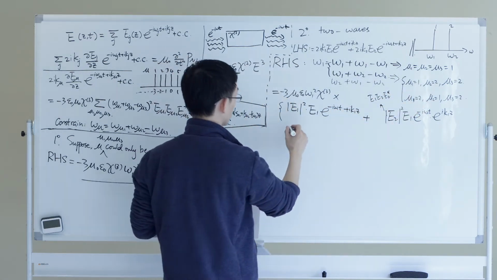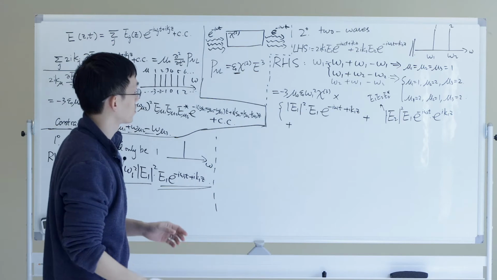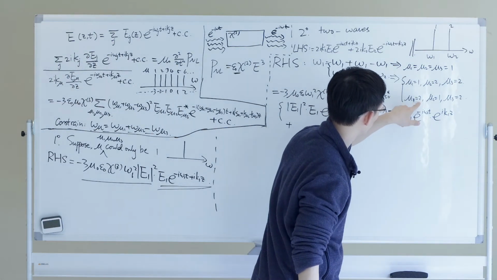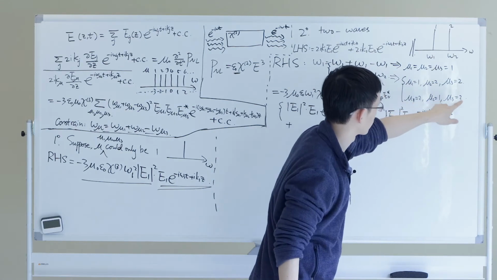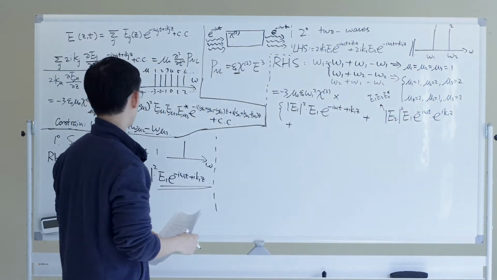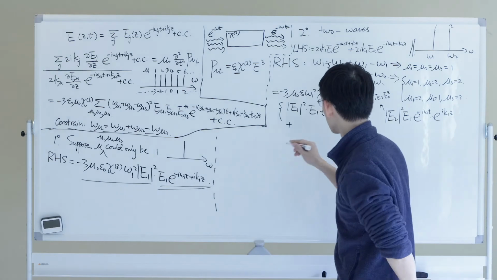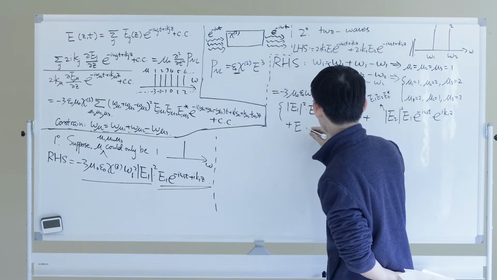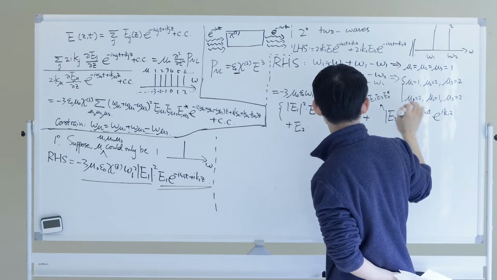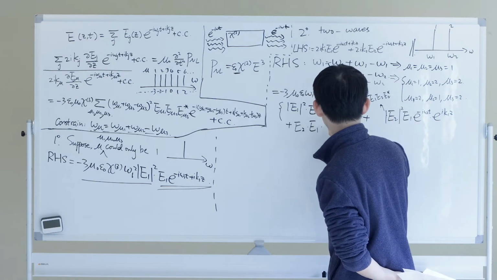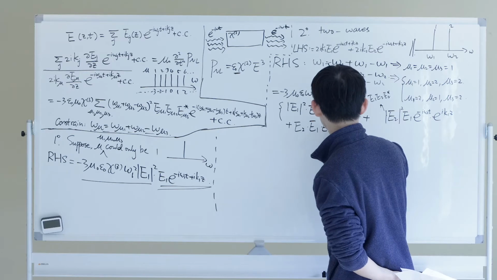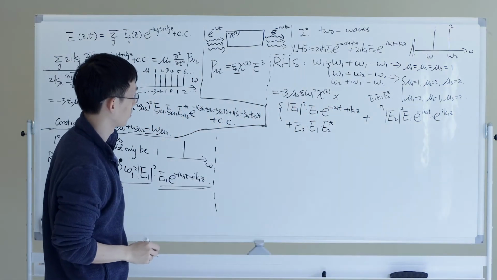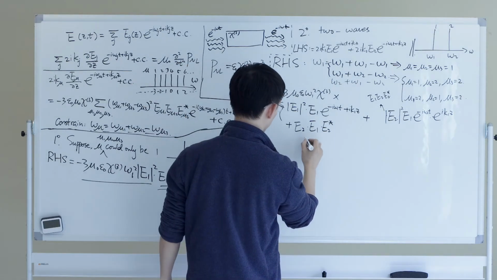Now the third type of term here is this one: mu1 equals 2, mu2 equals 1, mu3 equals 2. You can check this, but you can just write it down as E2, E1 times E2's conjugate. Again, you can reorder this.